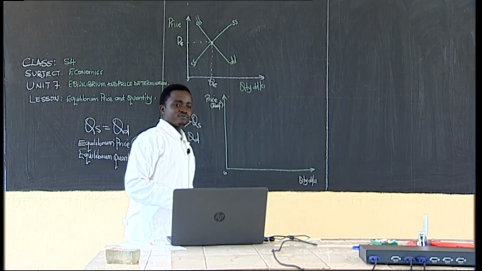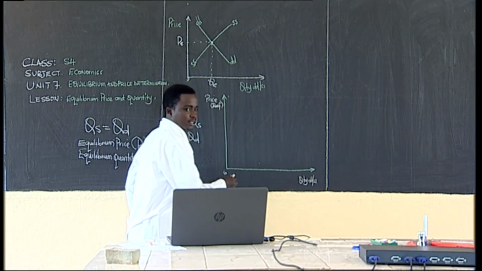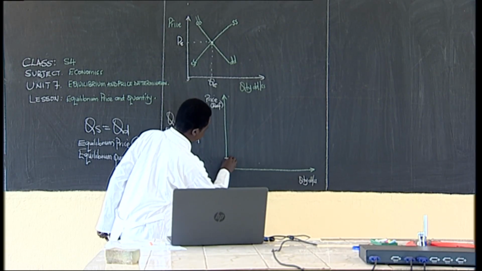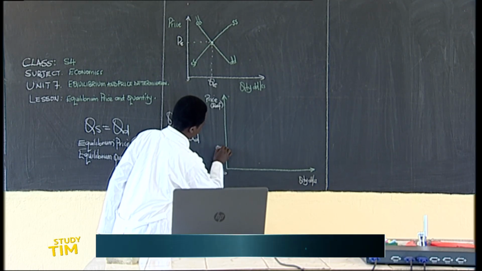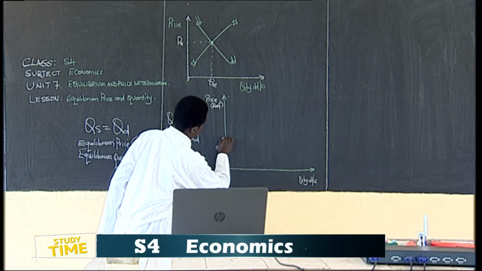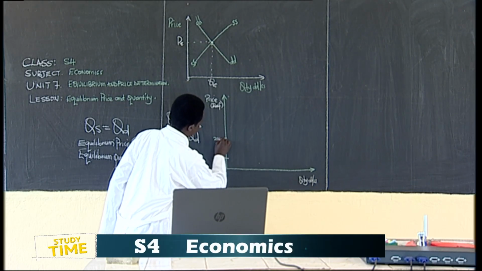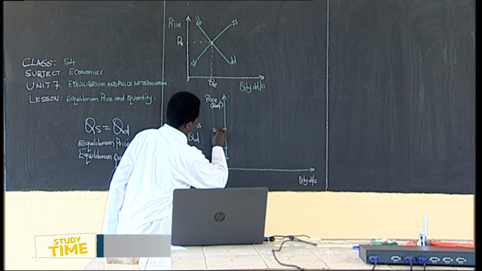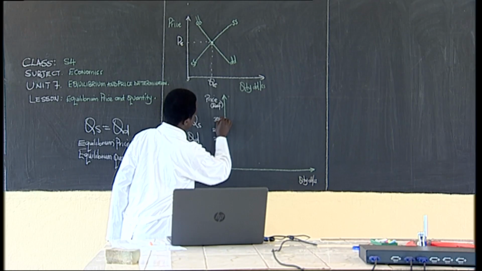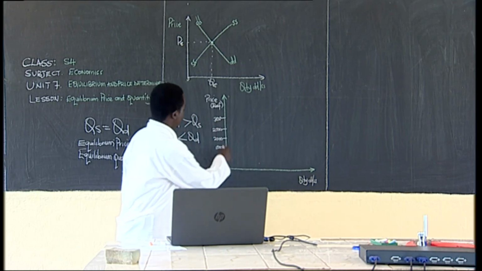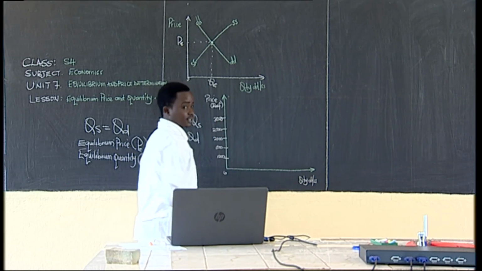So on price, we have 1,000 up to 3,000. So we have 1,000, then 1,500, then 2,000, then 2,500, then 3,000.